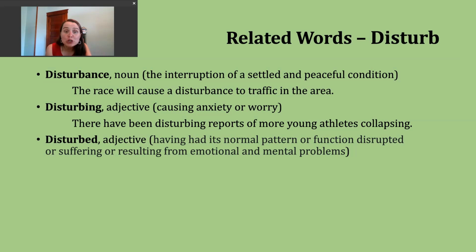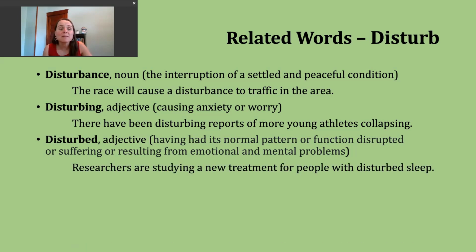Now, disturbed, right? And whenever we have an adjective with that ed ending, means that someone has the feeling. Okay, so the adjective disturbed means having had a normal pattern or function disrupted, or it might mean that someone has or is suffering some kind of emotional and or mental problems. So again, they might have that anxiety, they have the worry.